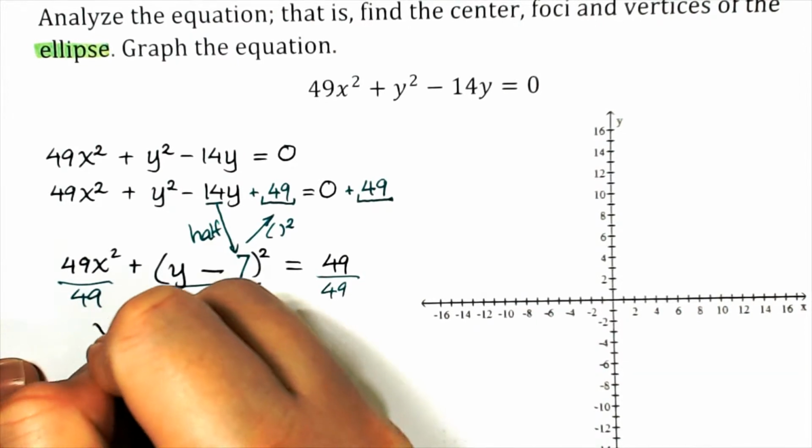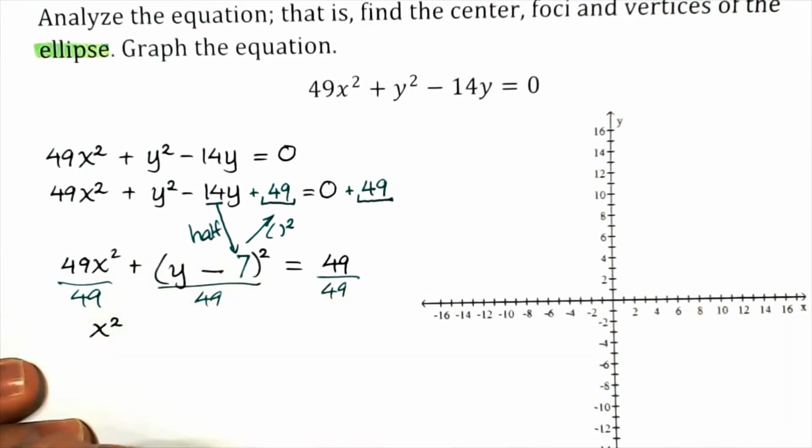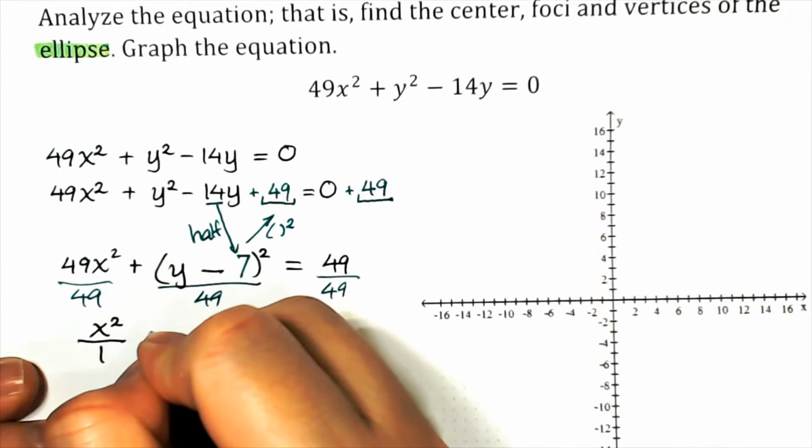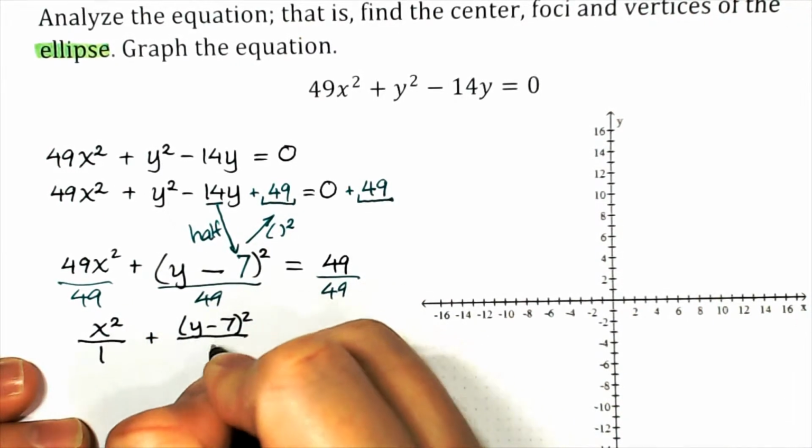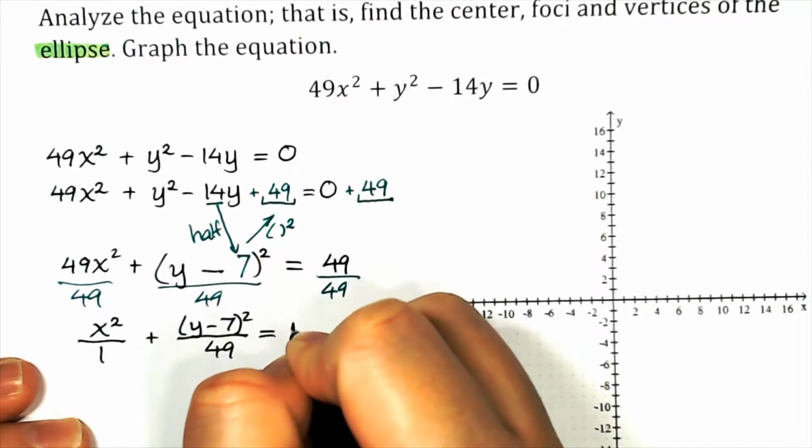So we have x squared over 1 plus (y minus 7) squared over 49 equal to 1. This is in the standard form.